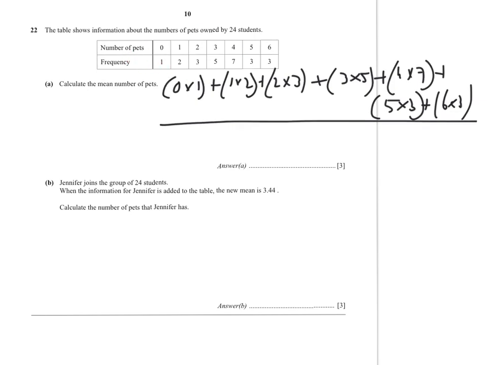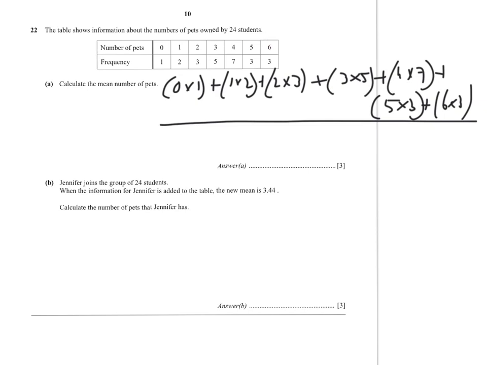This means 0 pets, so basically a 0, 1, 1, 2, 2, 2, 3, 3, 3, 3, 3, 4, 4, 4, 4, 4, 4, 4, 5, 5, 5, 6, 6, 6.